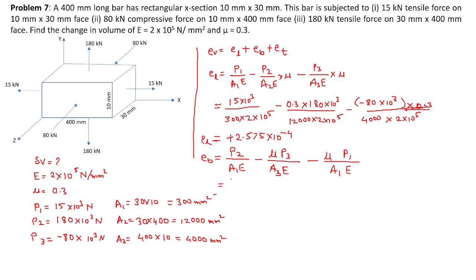P2 will be 180 into 10 raised to 3, that means 180,000, divided by A2, 12,000 into 2 into 10 raised to 5.